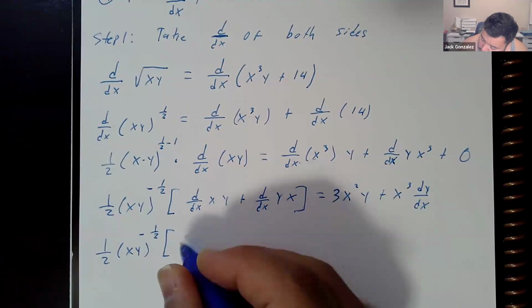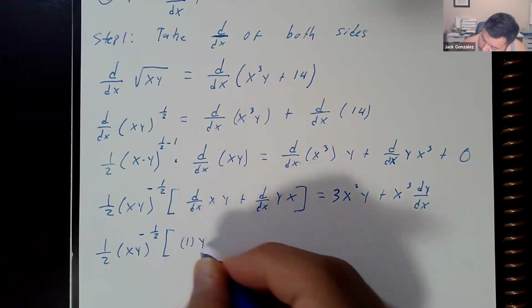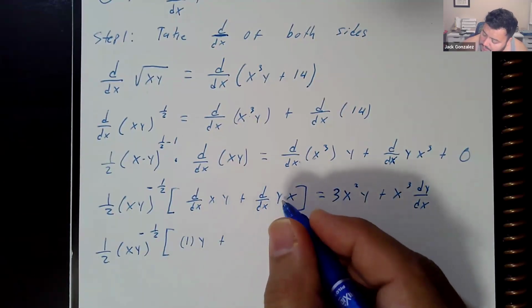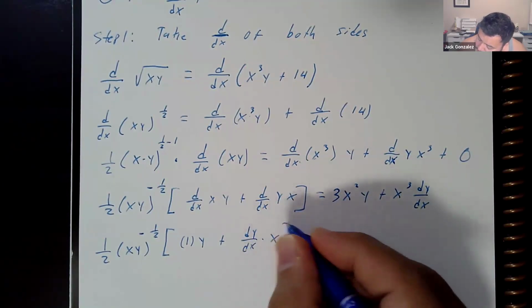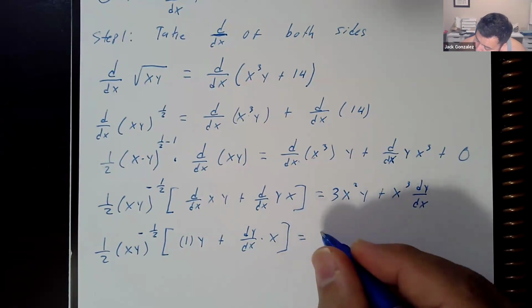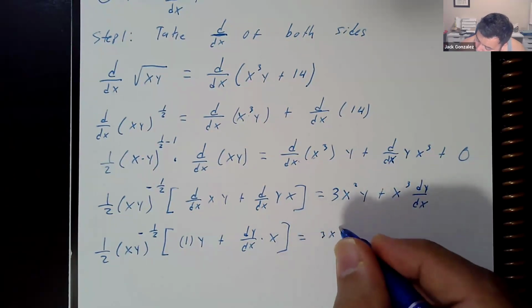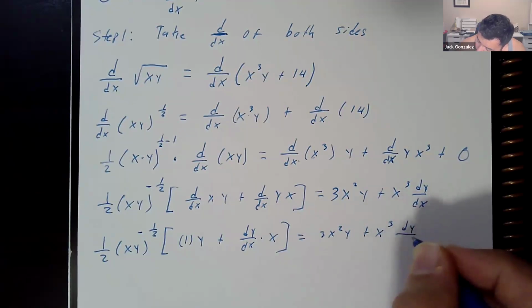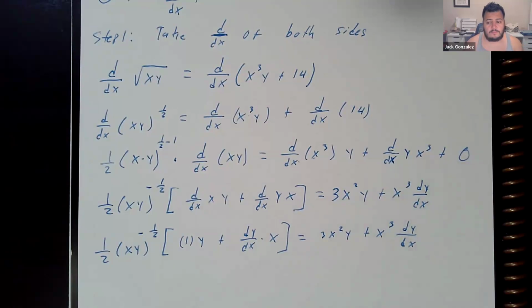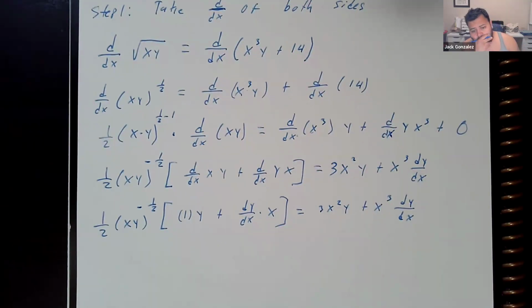Derivative of x is a 1 times y. Derivative of y is 1 times dy/dx times the x. Okay. All the derivatives are done at this point. Any questions on the product rules?